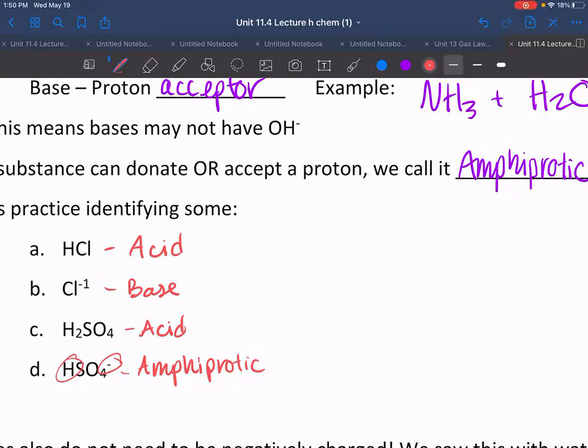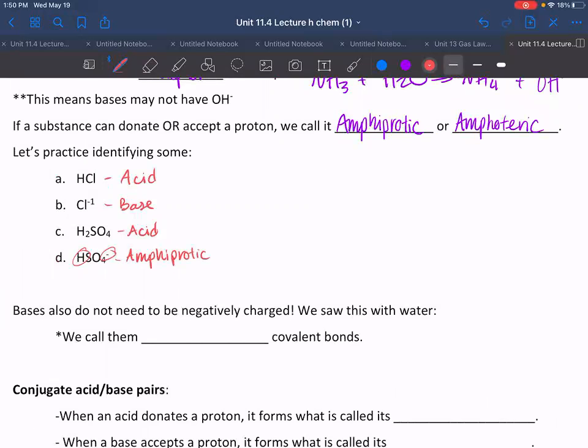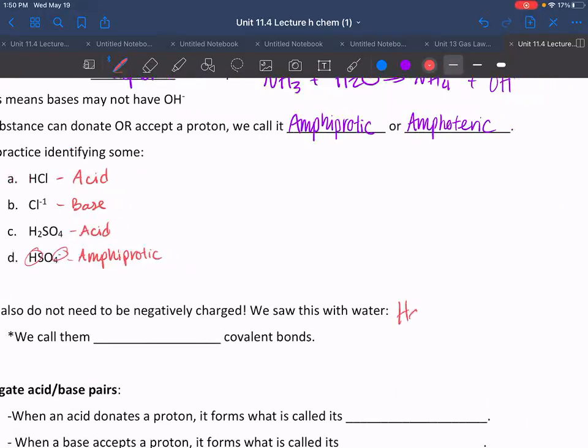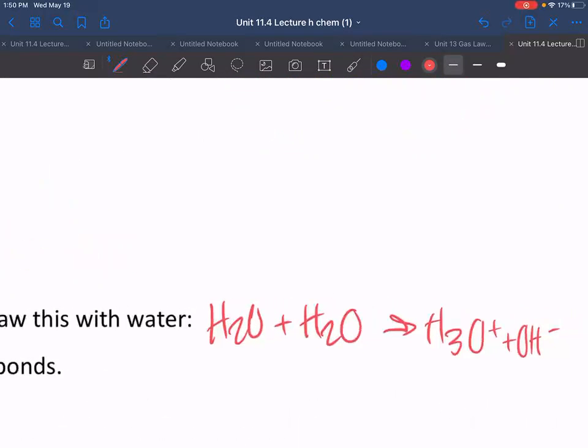All right, so as we've seen, our bases do not have to be negatively charged. We saw this with water, where if we had one molecule of water plus another, they're going to make H3O plus and OH minus. With this reaction, that means one of these is going to act as an acid and one of these is going to act as a base.